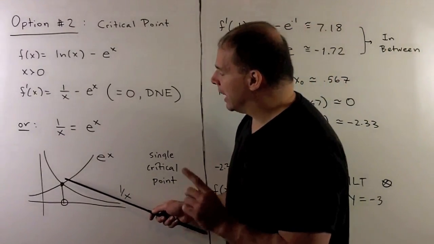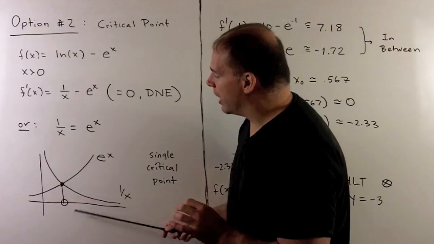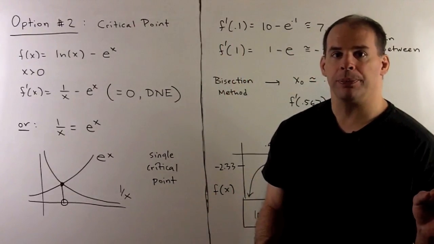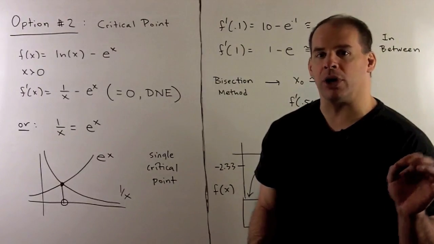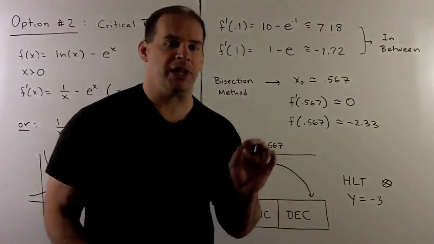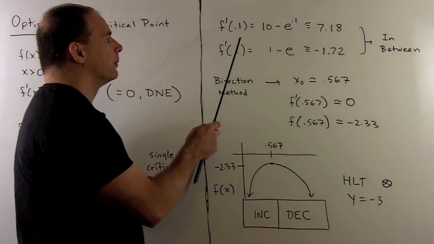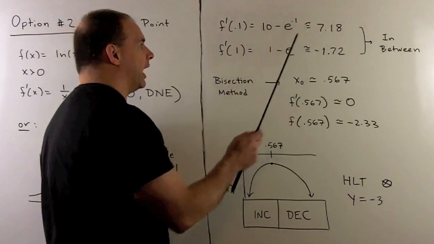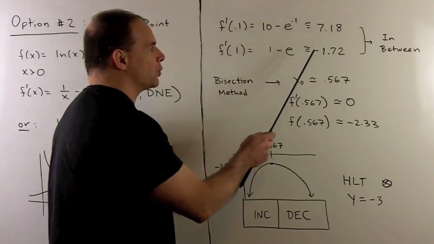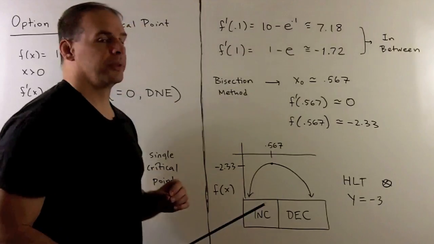Now, if I want to get an approximation of this point, first let's get an idea of what region it lives in. So to do that, we're just going to evaluate our derivative at different points. If we take the derivative evaluated at 0.1, we get roughly 7.18. And if we evaluate our derivative at 1, we get roughly minus 1.72.